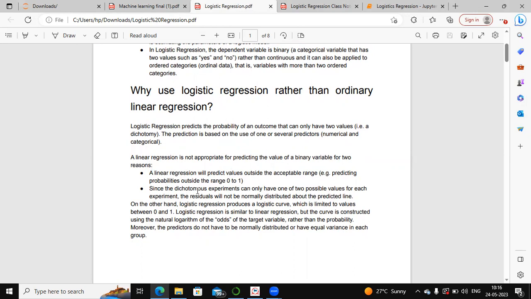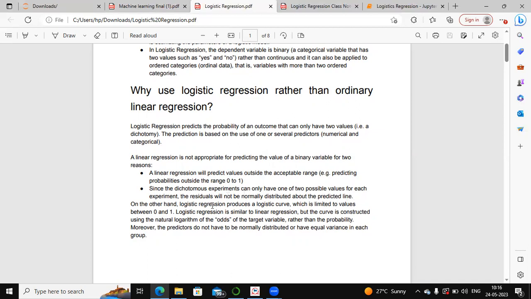Since the dichotomous experiments can only have one of two possible values for each experiment, either true or false or 0 or 1, the residuals will not be normally distributed about the predicted line.